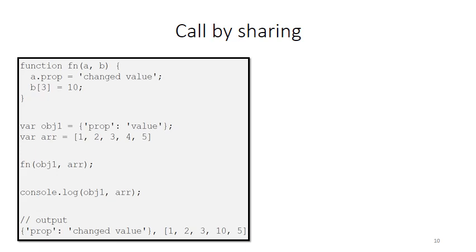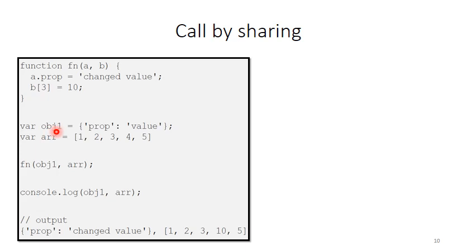So remember, in JavaScript, arrays and objects are mutable. However, primitive types and strings are not mutable. So here we have a function called fn. You can see that fn takes two arguments a and b. We have the function definition over here, we'll discuss it later. Here we have an object declaration.